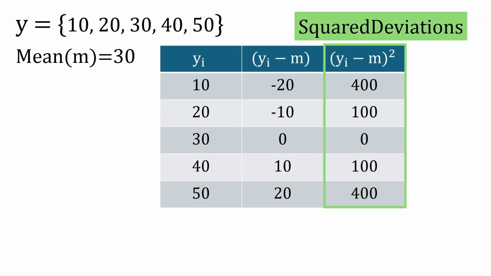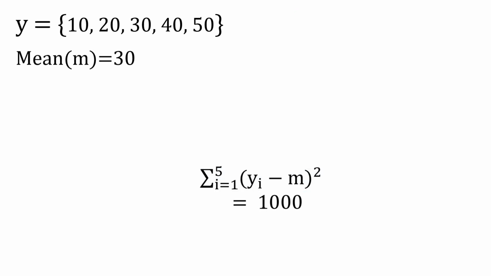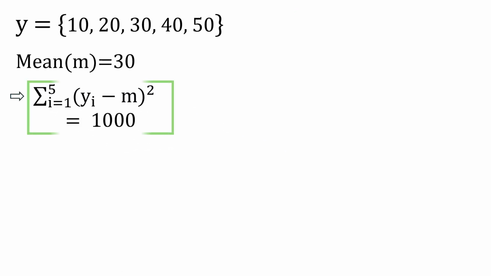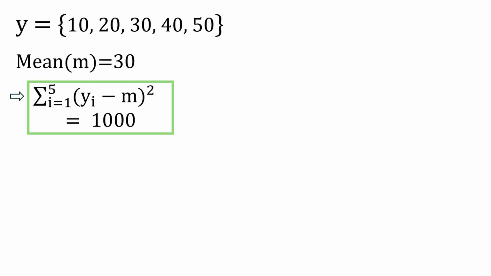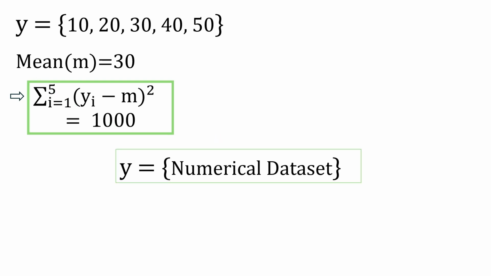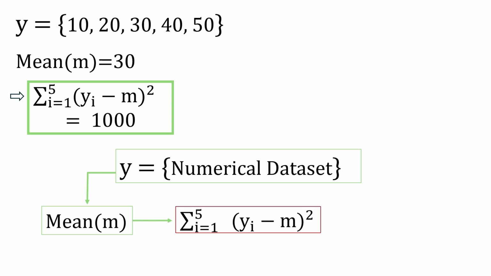Now you find the sum of the squared deviations column, and what you get is the sum of squared deviations of this data set from the mean. Now listen very carefully. For any numerical dataset, the mean is the unique value from which the sum of squared deviations is minimum.